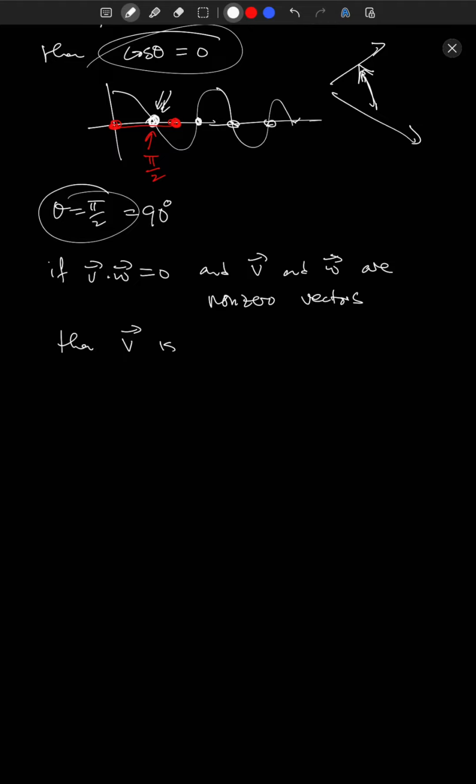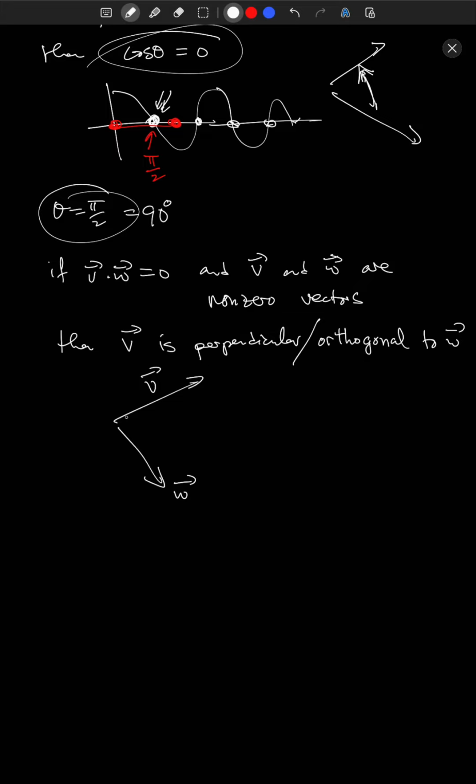V is perpendicular to w. There's another word we use for perpendicular, which is orthogonal. Orthogonal to w. So the picture is, of course, v might look like this, w might look like this, and the important feature is that the angle between them is 90 degrees.